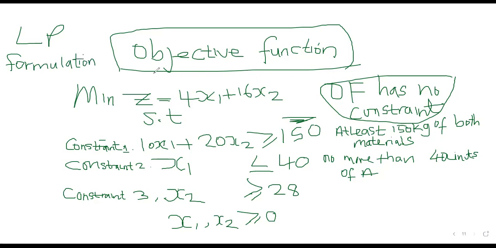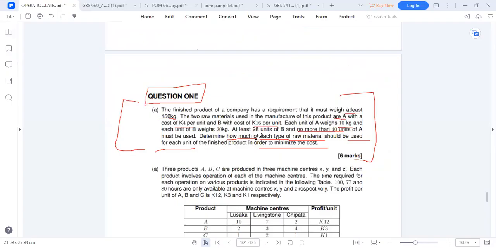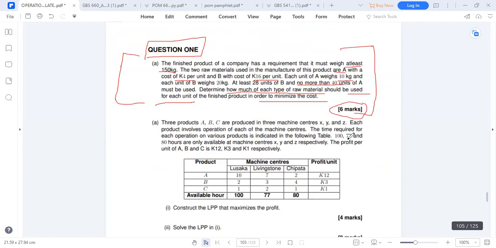According to the question, they are saying determine how much of each type of raw material should be used for each of the finished products in order to minimize the cost. We have 6 marks here. So it's just about formulating the LP problem.